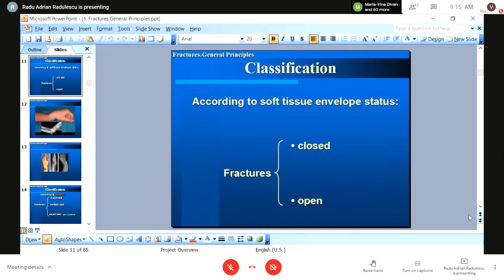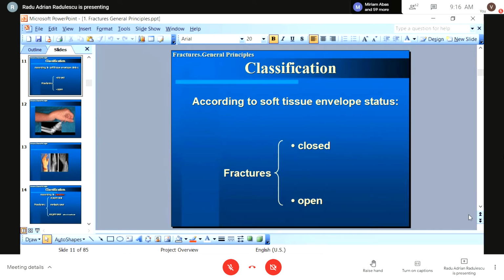According to the integrity of the soft tissues around the fracture, we can divide the fractures into closed and open. The great majority of the fractures are closed, meaning that the soft tissues around the fracture site are intact.